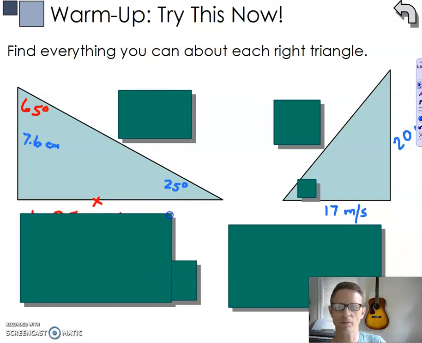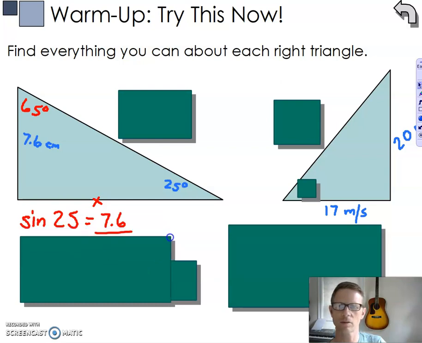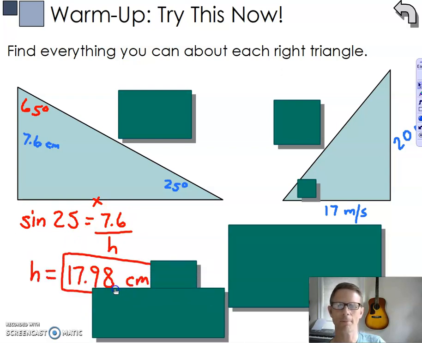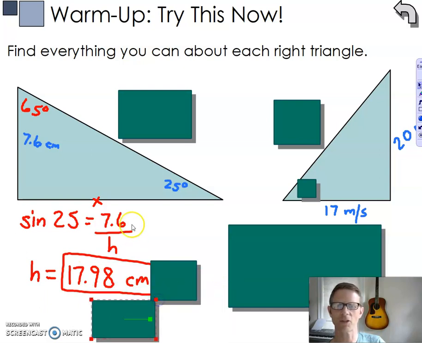This part down here, which we'll call x, in order to find it, let's find the hypotenuse. So the hypotenuse, I know that sine of 25 is opposite over hypotenuse, so it's 7.6 over h. And now you do some funky algebra, and you end up with a hypotenuse of 18 because you actually have to do 7.6 divided by the sine of 25.